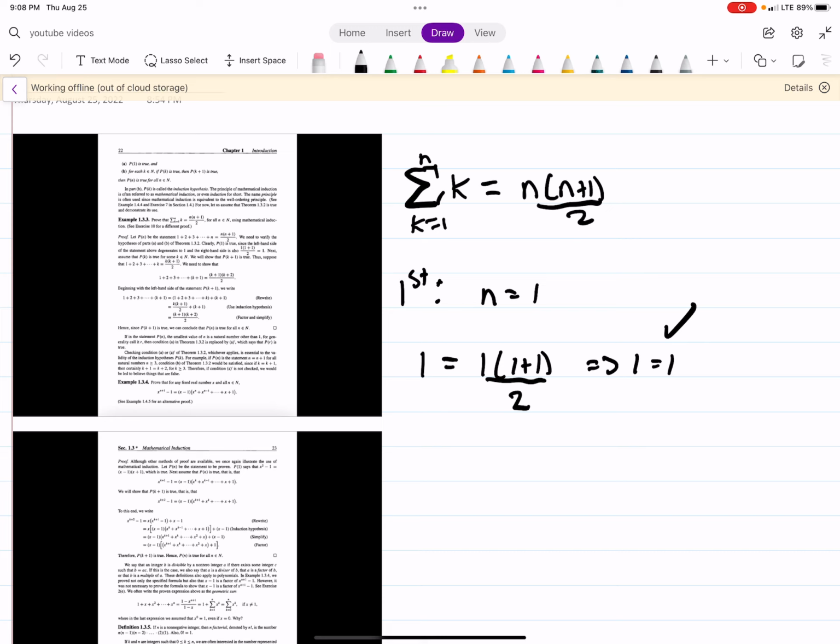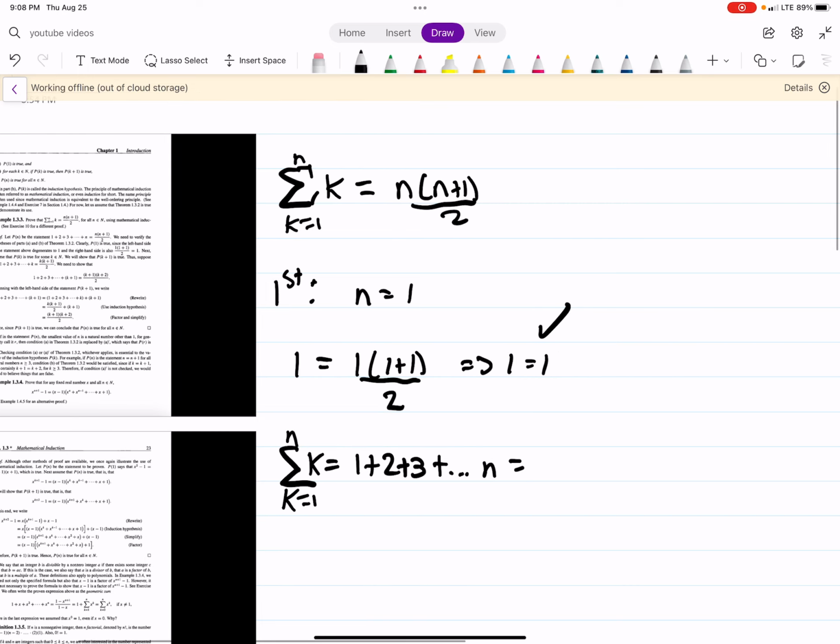Okay, so now we're going to say this summation, 1 plus 2 plus 3 plus ... plus n, is equal to n times n plus 1 over 2.